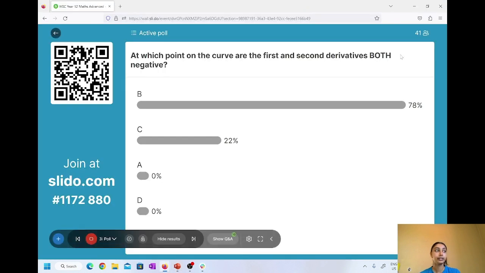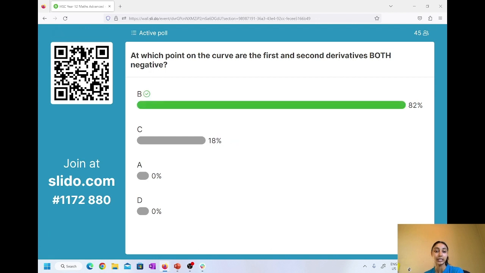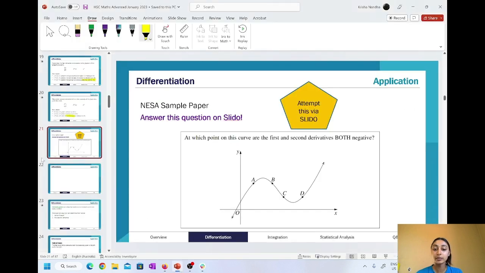Okay, now let's show the correct answer. It's B. Good job, most of you guys. Now let's just go through this. So what does it mean for the first derivative to be negative? The gradient needs to be negative, so it needs to be decreasing. Now that takes out, well, I'll just circle which ones. So it's decreasing at B, it's decreasing at C, okay?